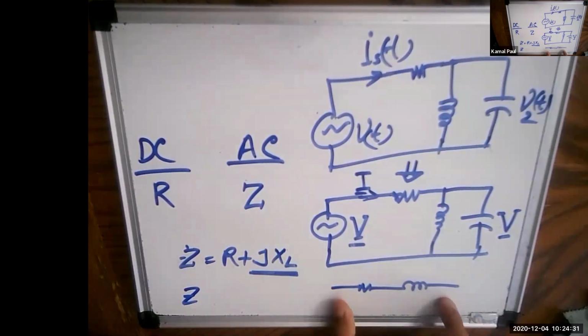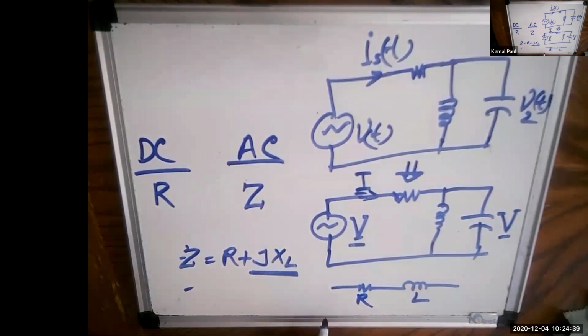What is the total value of opposition? So R, this is L. We calculate this in this way, R plus JXL. If it is a capacitor, we get the impedance in this way, R minus JXC.